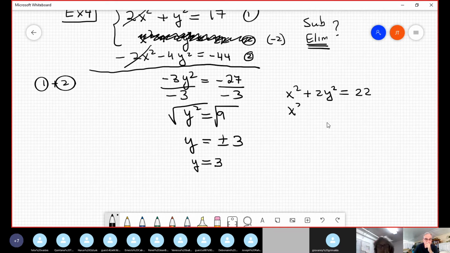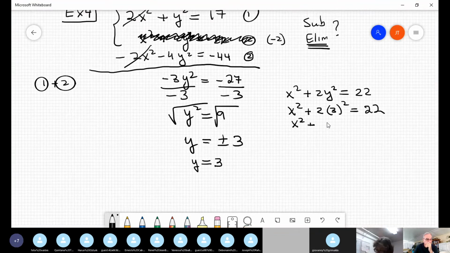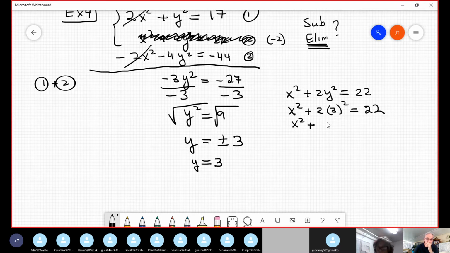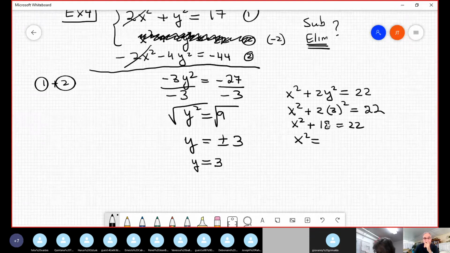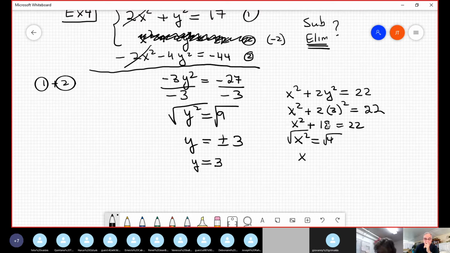Then x squared plus 2 times 3 squared, which is 2 times 9, equals 22, so x squared plus 18 equals 22. x squared is equal to 4, because 22 minus 18 is 4. Square root both sides again, similar. x is equal to plus or minus 2.